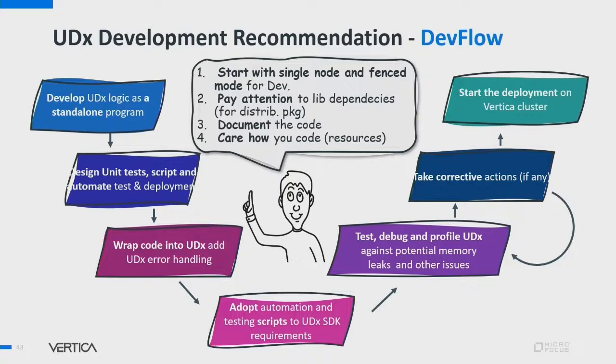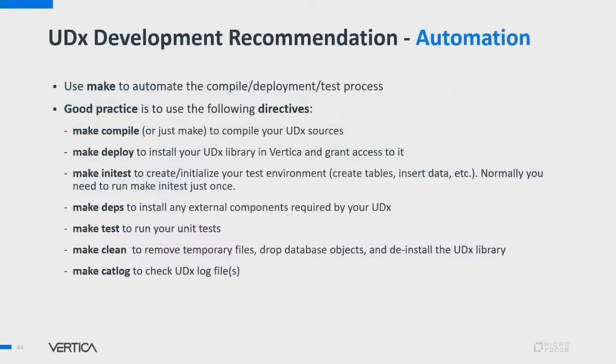You need to also follow the same naming convention, because it will be easier to navigate later on and make corrections in the future. And also take care how you code, especially I'm referring here to any resources that you allocate and do free. Otherwise, you are asking for trouble and instability of the whole system.